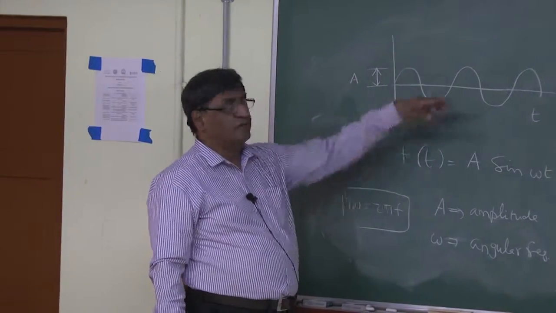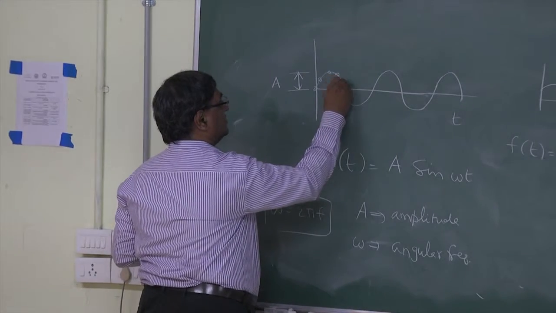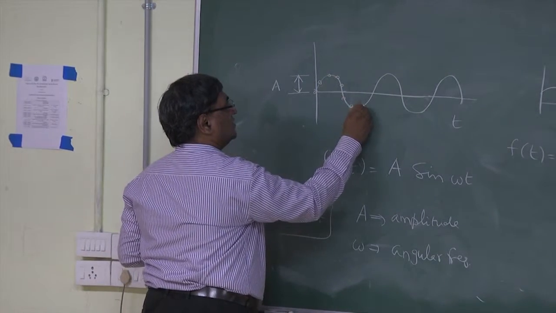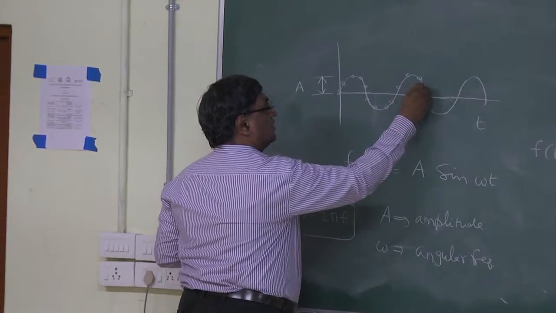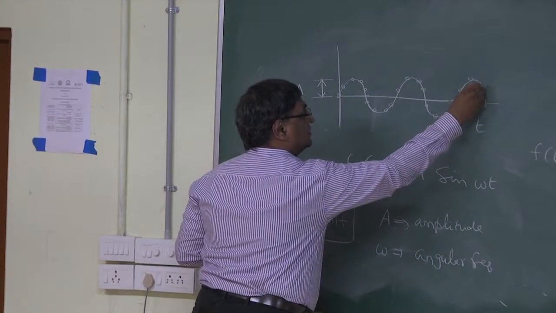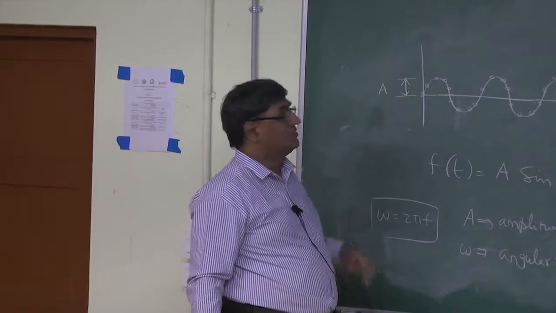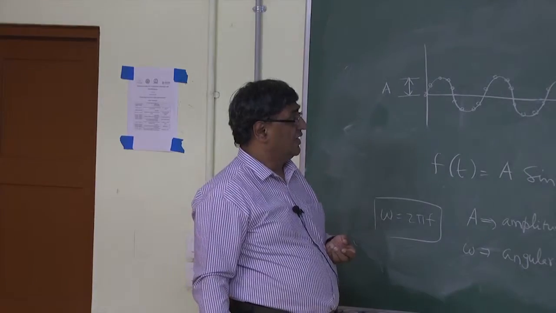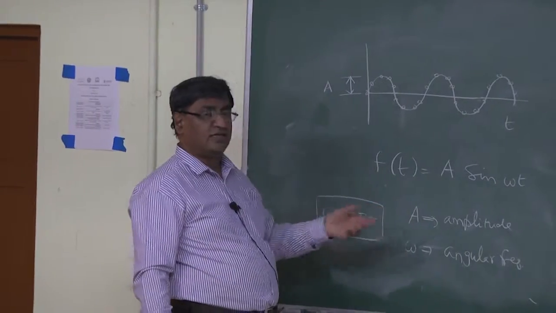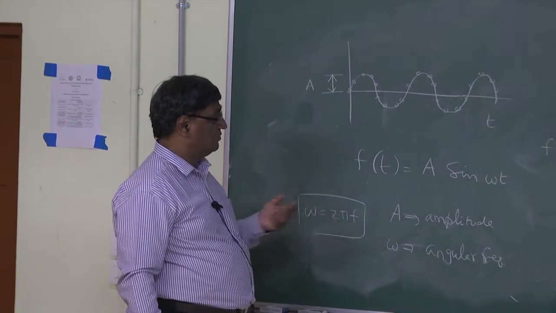For example, if I had measured this, let us say many points were taken on this wave, and those constituted this kind of data, where the amplitude we are designating as A, and omega is the angular frequency, which in terms of the cycle frequency f can be written as 2 pi f.